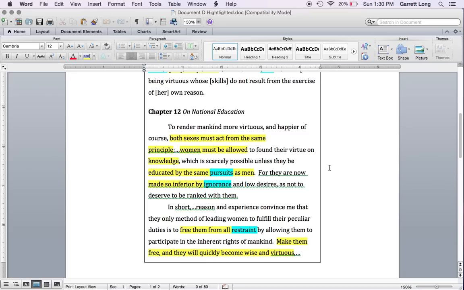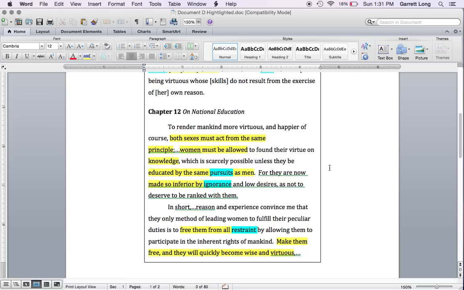Women must be allowed to found their virtue on knowledge, which is scarcely possible unless they be educated by the same pursuits as men. For they are now made so inferior by ignorance and low desires as not to be deserved to be ranked with them. Okay, what I need you guys to do is make those highlights in that next paragraph that I just read.